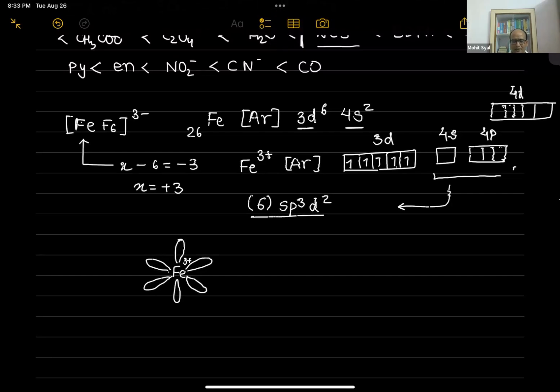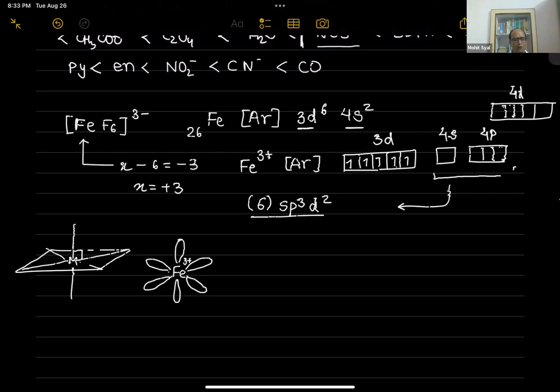Octahedral arrangement is like this, in which 4 of the bonds are in the plane. Is it clear? 4 of the bonds are in the plane. One bond is at the top, another bond is at the bottom. Got it? So six groups will be there, and the 2 adjacent bond angles, how much will it be? Jaslin, can you tell me the bond angle?